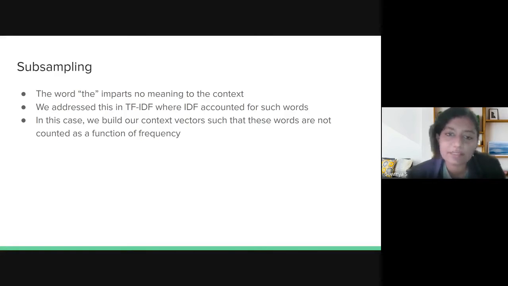So it's the same concept, where instead of putting a score as IDF, I use this frequency and weed out the words from the training and how I design the context. Because I changed the training data itself, I call this subsampling.